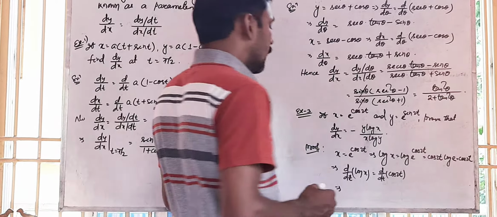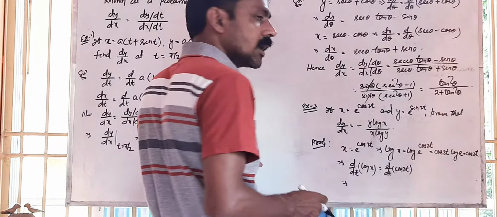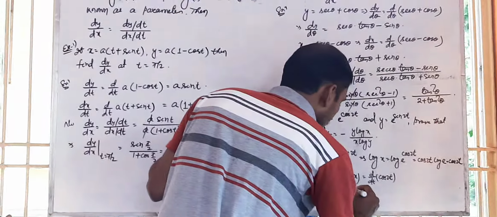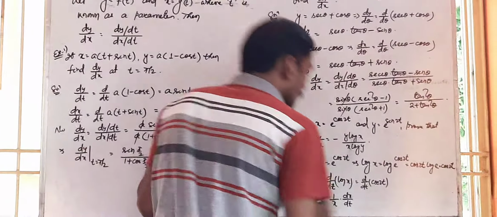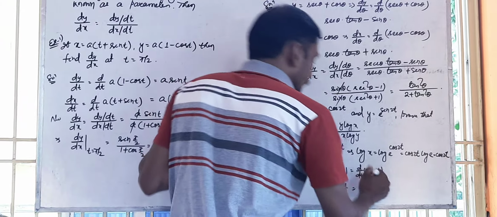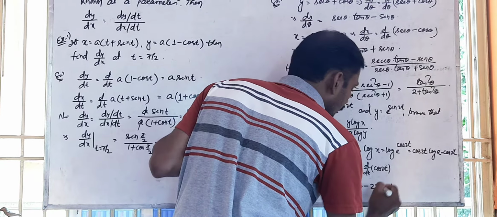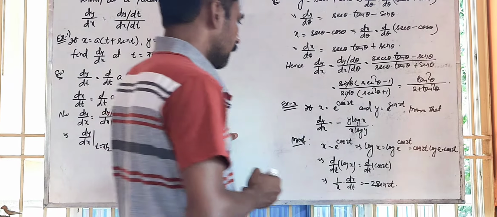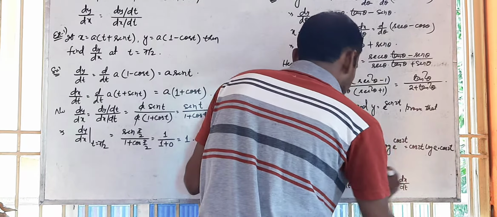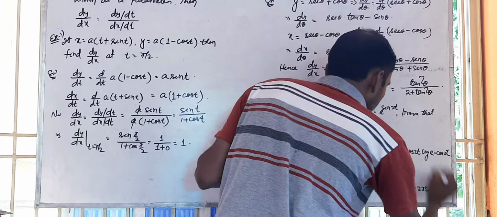Now what is the derivative of log x with respect to t? First we write the derivative of log x with respect to x, which is 1 by x, into dx by dt, equal to the derivative of cos, which is minus sin, so minus sin 2t into the derivative of 2t, which is 2, so minus 2 sin 2t. So this implies dx by dt is equal to minus 2x sin 2t.